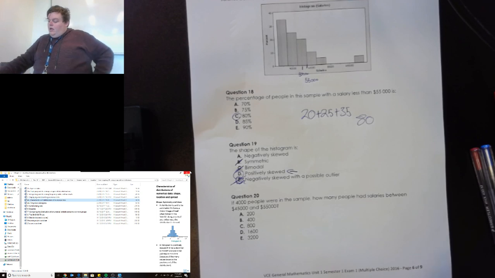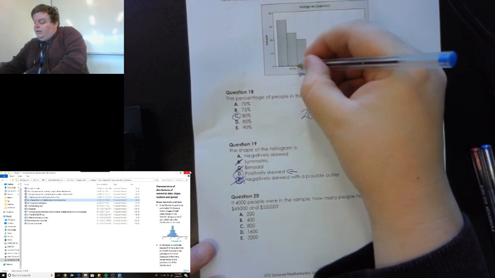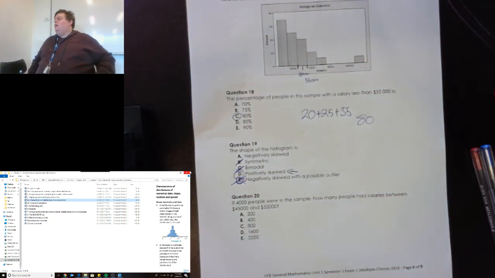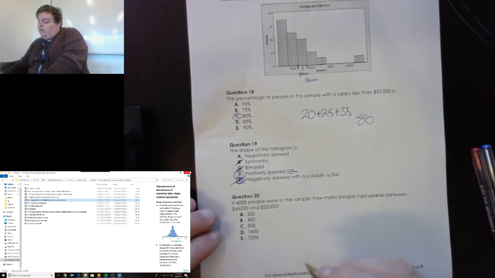Okay. If 4,000 people were in the sample, how many people had salaries between 45,000 and 55,000? That's this bracket here, 45 to 55. So I guess we'd be looking at, that's what, 20%?